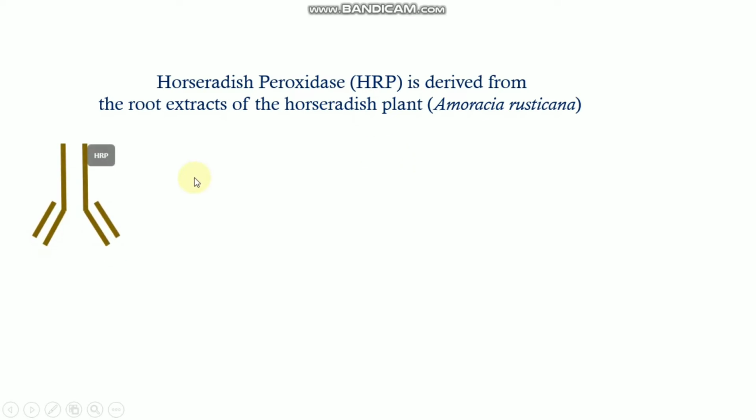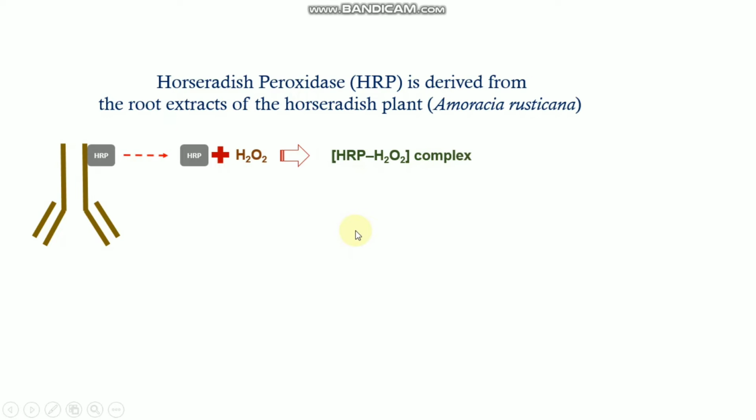When we add the HRP-conjugated secondary antibody, it reacts with the hydrogen peroxide that we add as substrate A. Here it forms a complex, the HRP hydrogen peroxide complex.